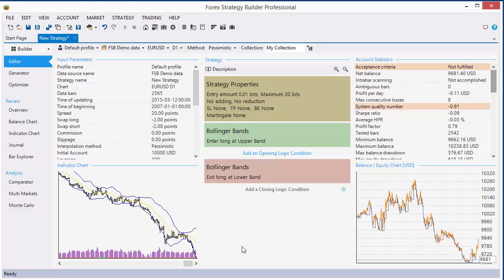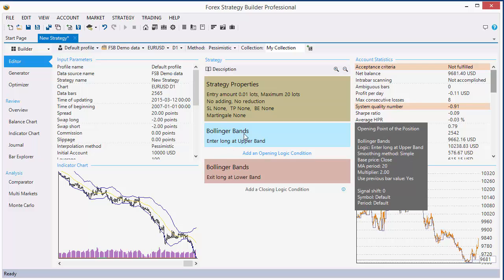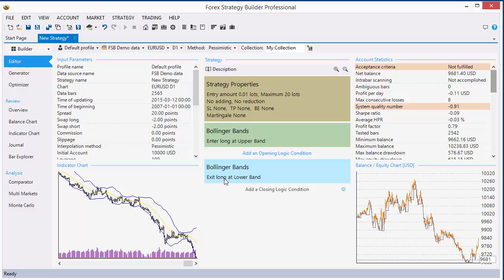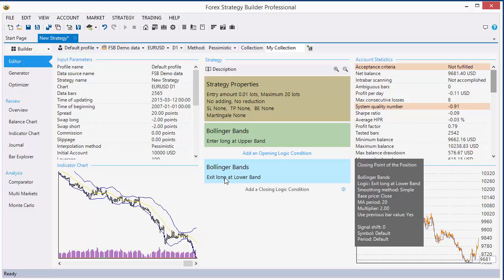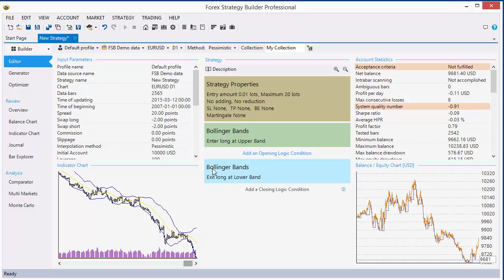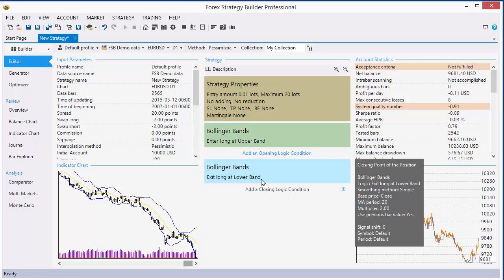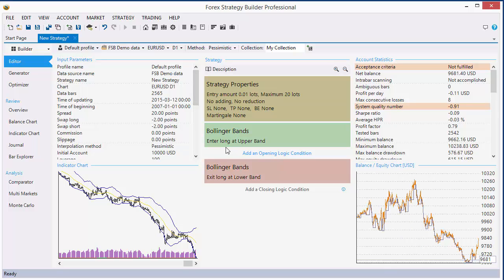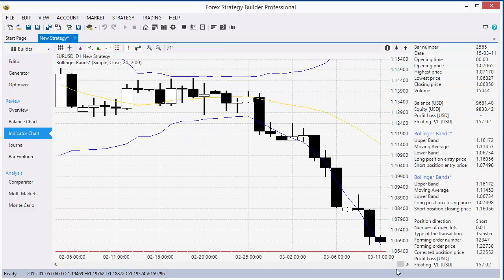When the market touches the upper band, we enter long and keep that position until the market touches the lower band. Then the strategy closes the long position, and at the same time the rule for entering short is satisfied. So the strategy opens a short position, and actually reverses the position.